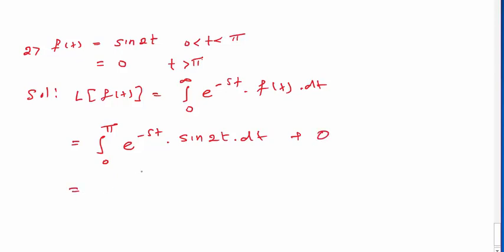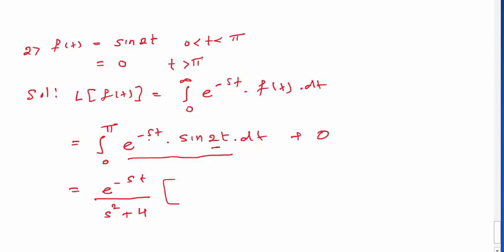Now this integration of e raised to minus st into sin 2t, we have already seen the formula. This is e power minus st upon s square plus 2 square. 2 square is 4, I can write directly 4.